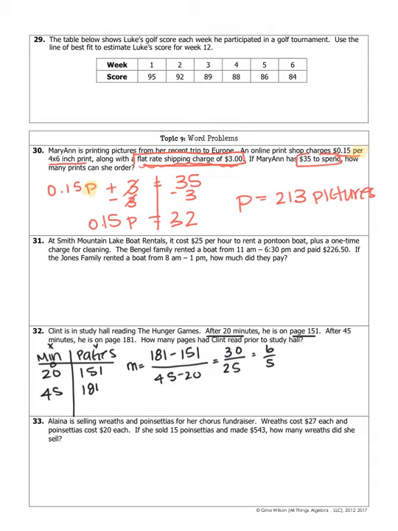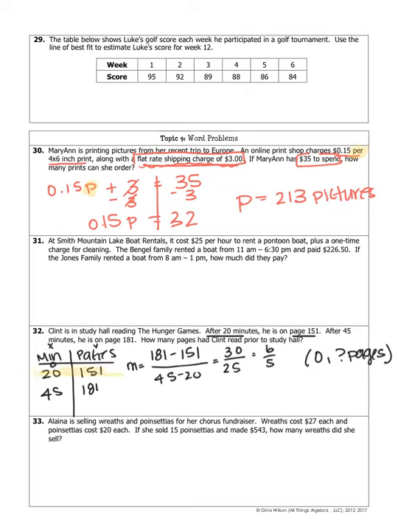All right, and we're essentially trying to figure out at time 0, what is the number of pages that Clint read. So I'm going to make a generic equation to plug 0 in to solve for this y. I'm just going to use one of these points. It doesn't matter which one. I'll just go ahead and use the first one, and we'll make an equation.